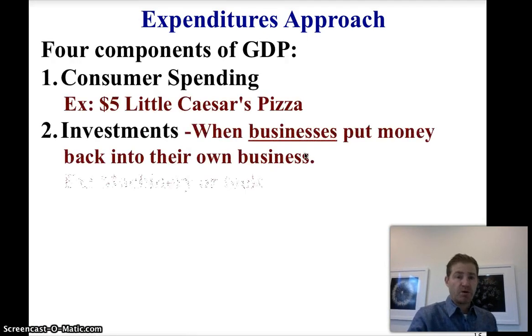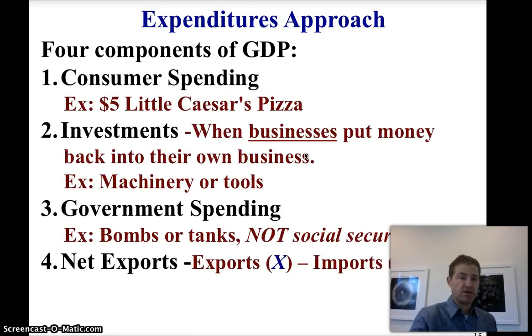So remember the 4 components of GDP. You have to know these going forward. Very, very important. Consumer spending: you go out, you buy a pizza, that's part of GDP. Investments: when businesses put money into their own business, a farmer buys a tractor, a horse farm buys a new trailer, that is an investment.